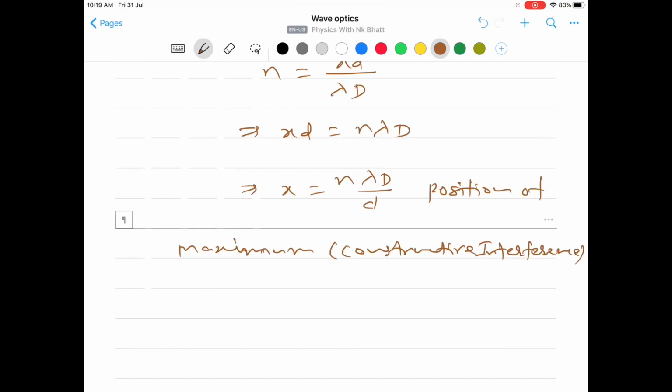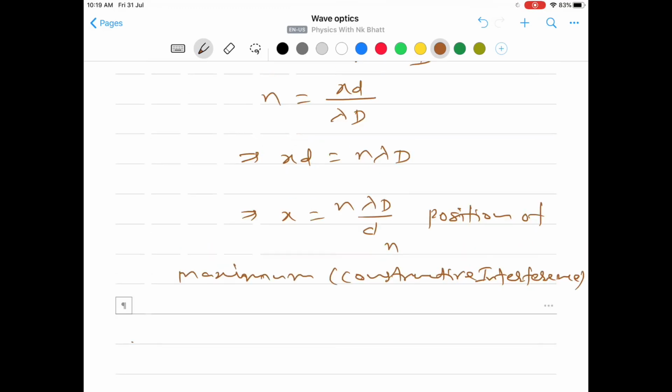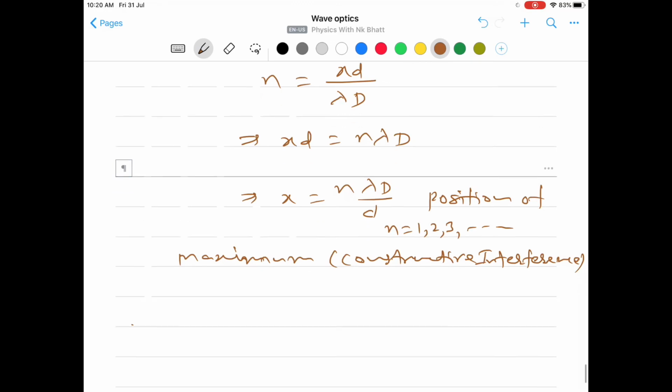Here you can put n is equal to 1, 2, 3 and so on. If you put n is equal to 1, you will get the position of the first maximum. If you put n is equal to 2, you will get the position of the second maximum. If you put n is equal to 3, you will get the position of the third maximum.